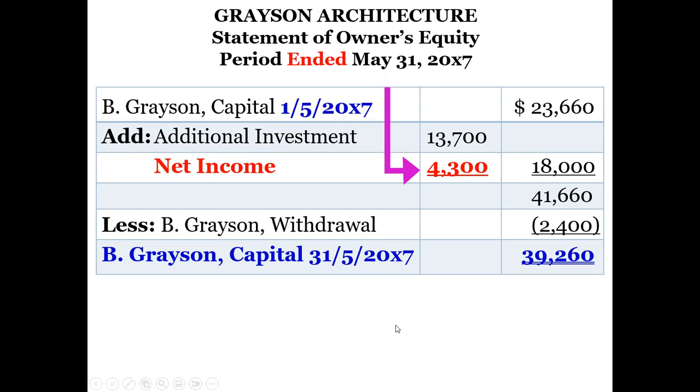The ones that speak to position are the balance sheet and the statement of cash flow. So if you notice, the headings for the income statement and the statement of owner's equity say for period ended.